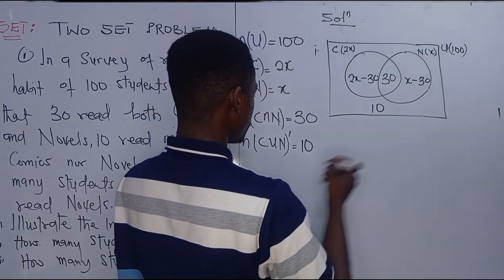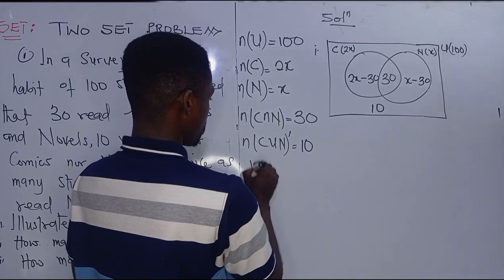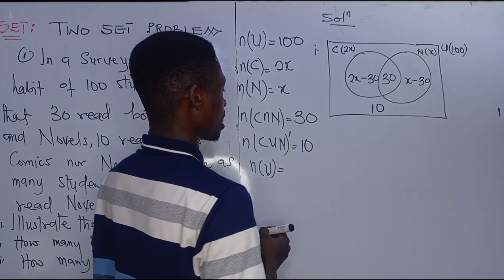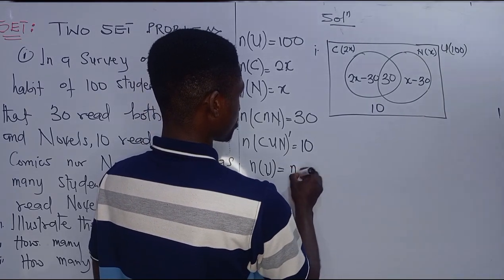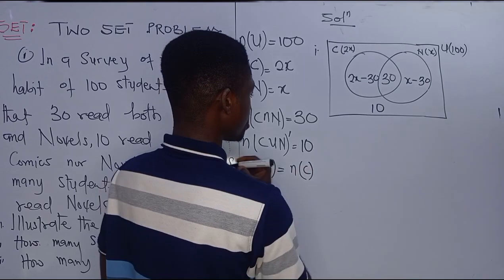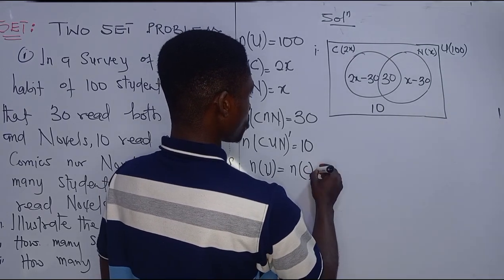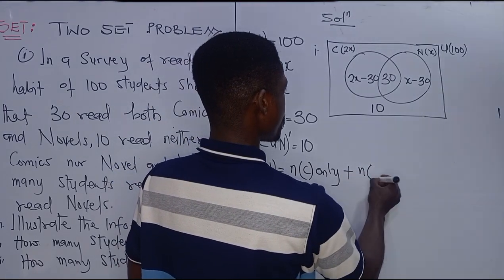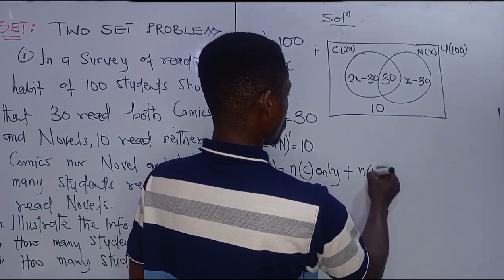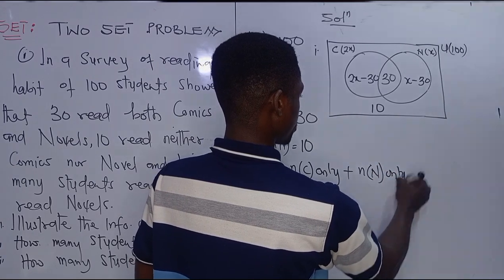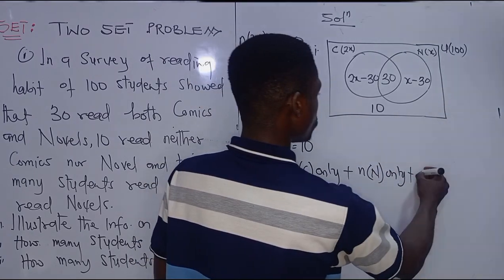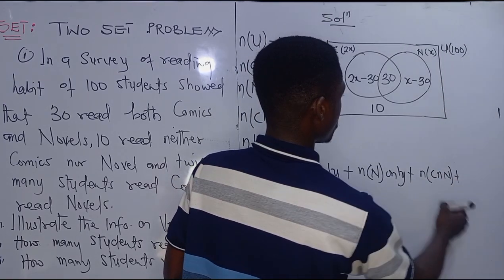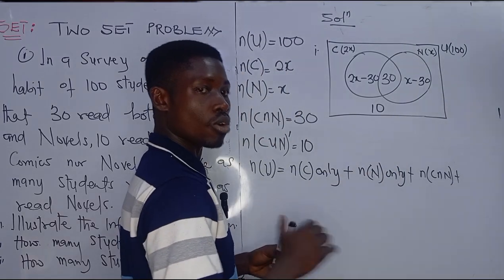So the number of students in the survey is equal to the number of students who read comics only, plus the number who read novels only, plus the number who read both comics and novels, plus the number who read neither comics nor novels.